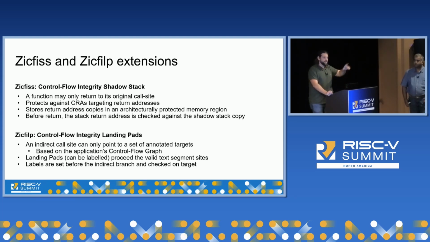And so you set a label before the indirect branch on what to expect at the target. If you reach a point where you do not have the correct label, then somebody tried to divert the control flow. Again, it can be a bug. It can be an exploitation attempt. So the labels are set before the indirect branch and checked at the origin.